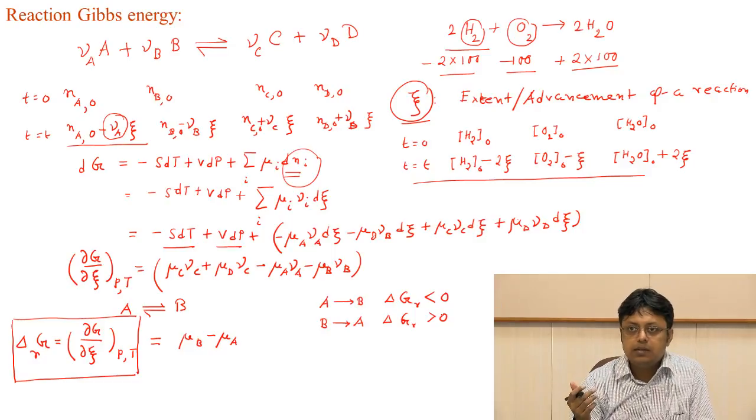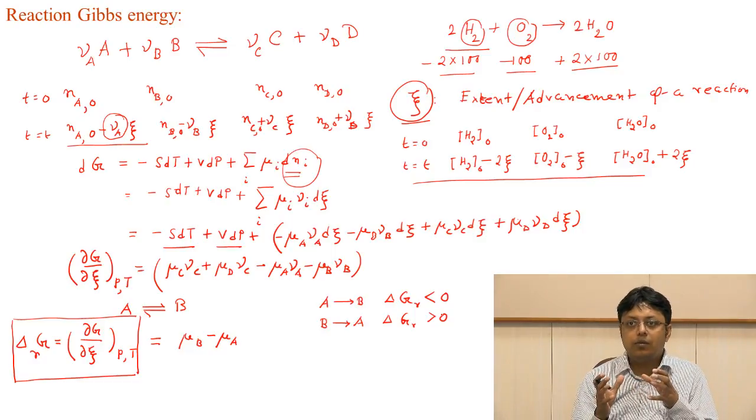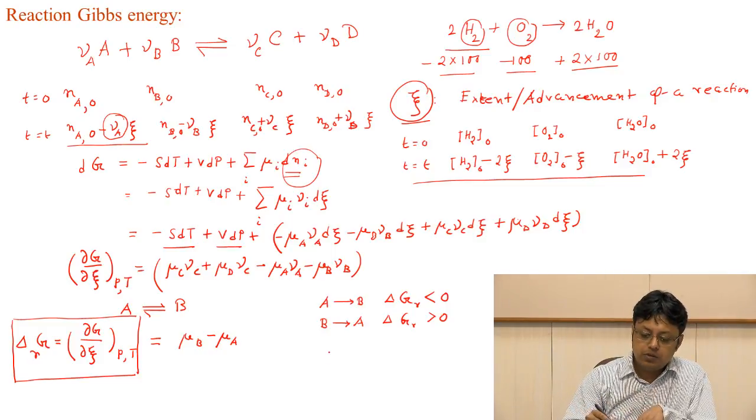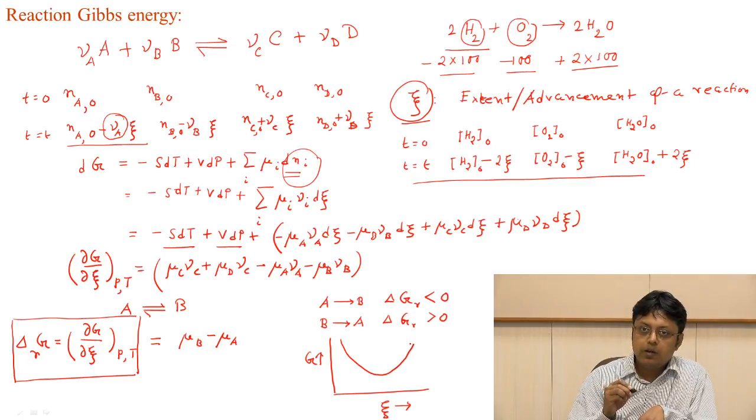But what happens here is that we are not talking about one particular reaction going in the spontaneous or non-spontaneous direction. What we are saying is that the overall reaction Gibbs free energy must be negative. Now, if we want to plot the Gibbs free energy versus the extent of the reaction, we'll see some curve like this.